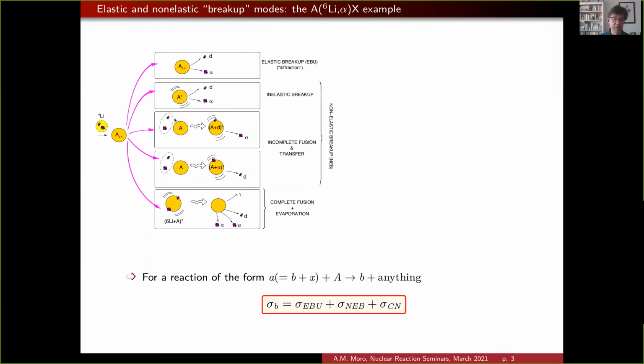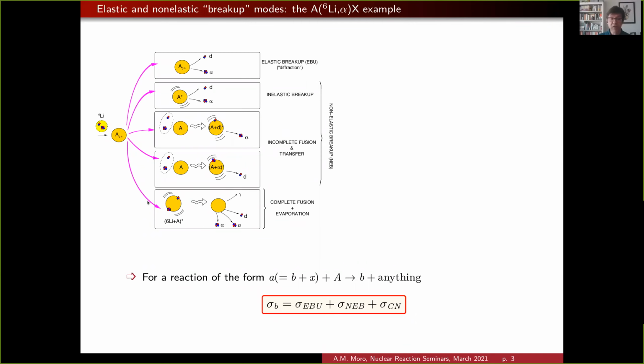By capture, I mean, for example, transfer, or it could be an incomplete fusion. So any process in which one of the two fragments is absorbed in a general sense and the other fragment is detected will contribute again to the inclusive cross-section, in this example for alpha particles.